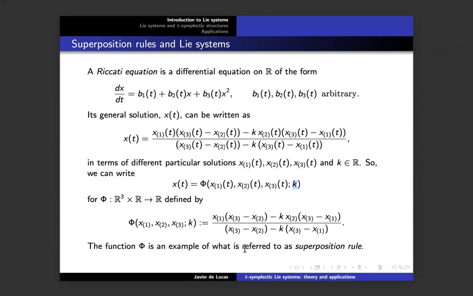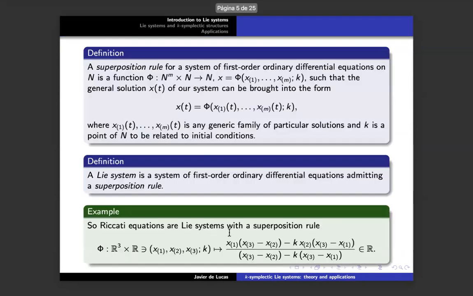This is what is called a superposition rule. And the important thing is that even when this system of differential equations for the Riccati equation is time dependent, with coefficients depending on time, the superposition rule does not.